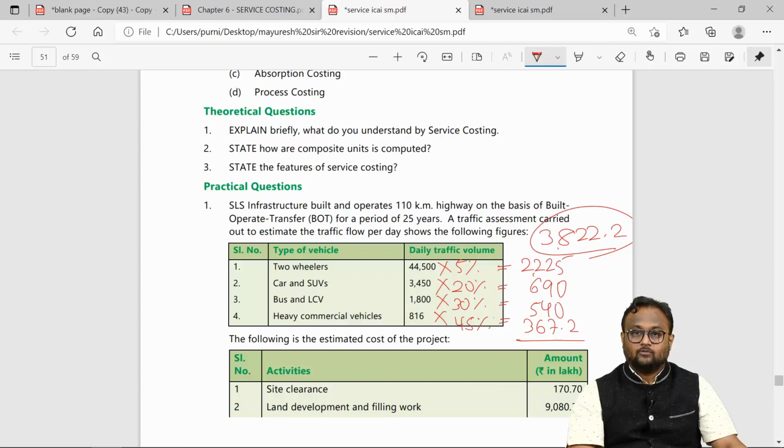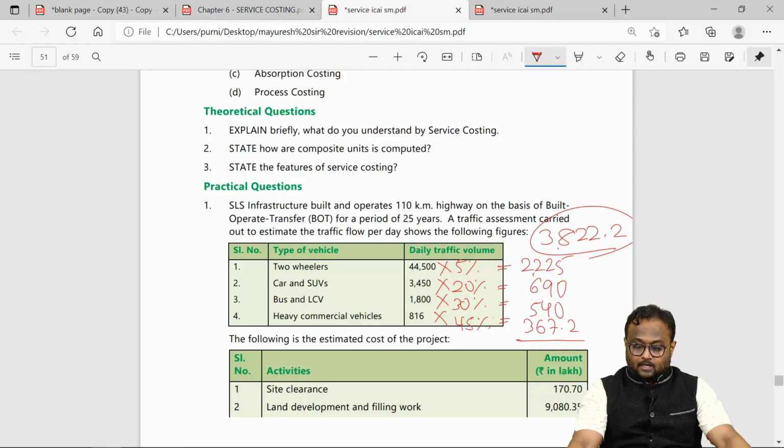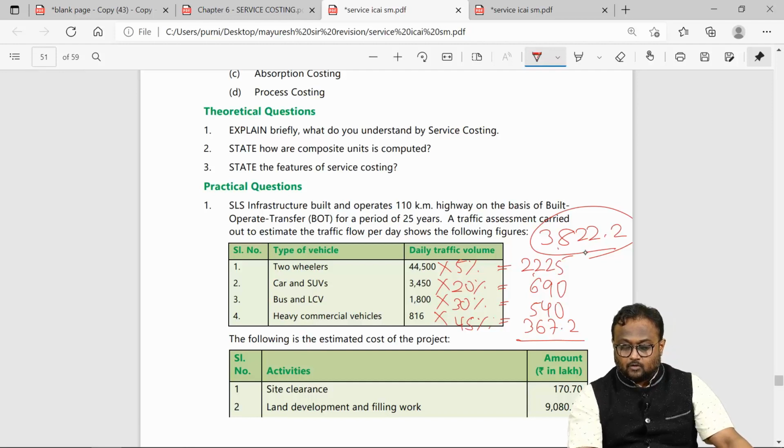If you want, you can write this down. This calculation: number of vehicles multiplied by the weights given, the proportion given, total number of average vehicles per day, 3822.2.